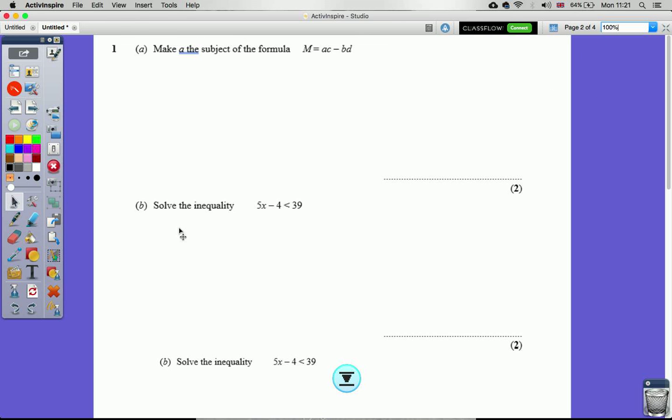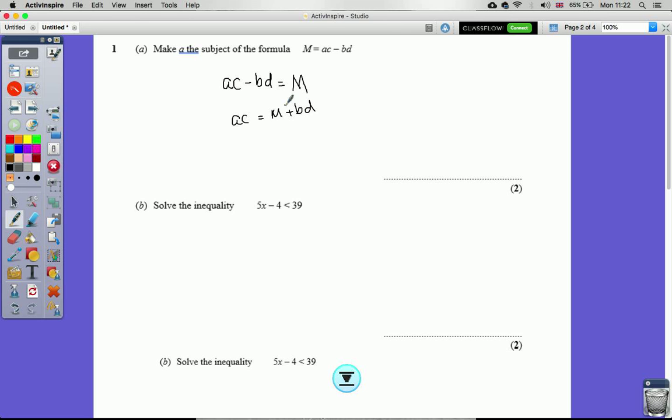All right, so the first question is saying make A the subject of the formula M is equal to AC minus BD. What I'm going to do here is write it as AC minus BD is equal to M. Then I'm going to add BD on both sides, so that will be AC is equal to M plus BD.